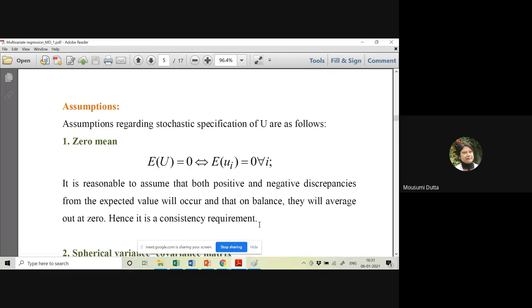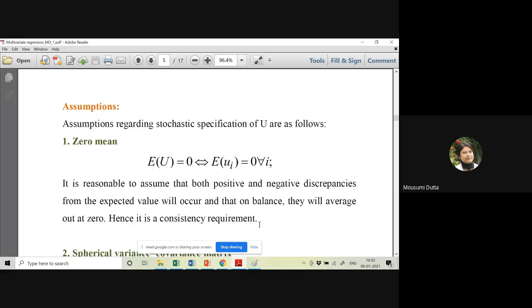Now, while we discuss characteristics of any statistical variable, we start with the central tendency. We talk about central tendency, then we talk about dispersion, etc. So here also we will do the same thing. When we are trying to form some idea about the random error term, we start with its properties.